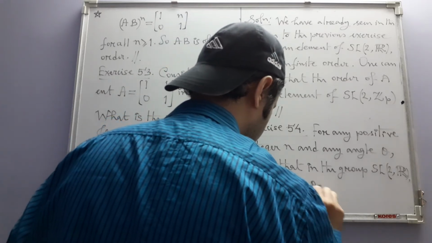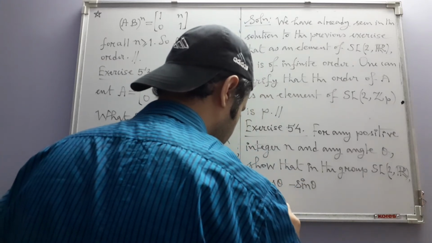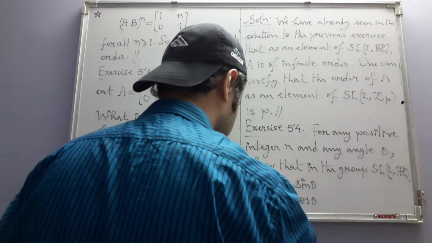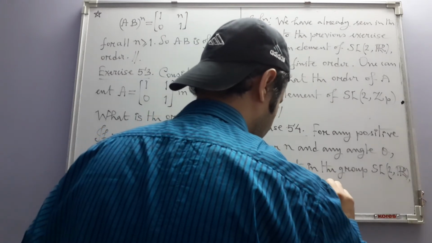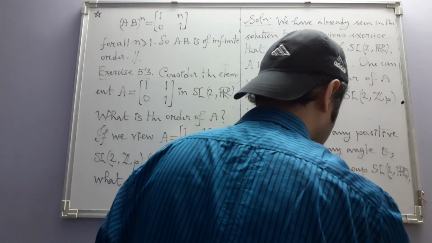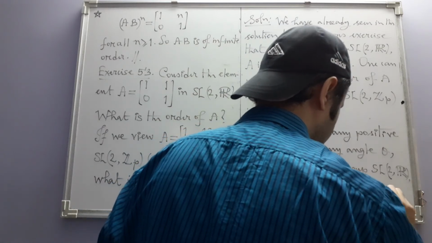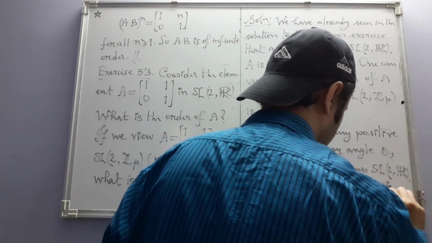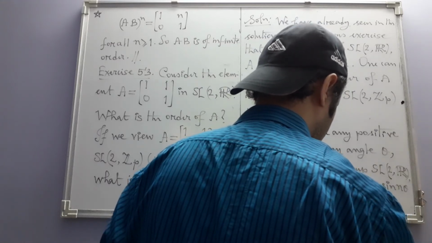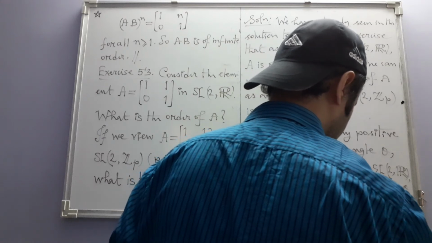the matrix cos theta, minus sin theta, sin theta, cos theta to the power n equal to cos n theta, minus sin n theta. The second row is sin n theta, cos n theta.